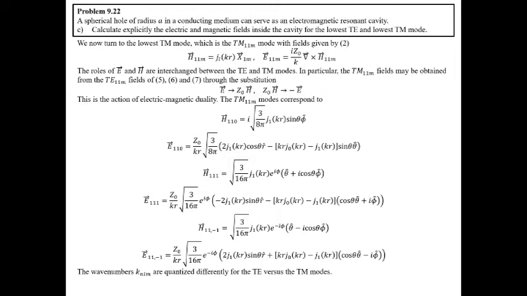In particular, the TM_11m fields may be obtained from the TE_11m fields of equations 5, 6, and 7 through the substitution E turns to Z0 times H, and Z0 times H turns to minus E. This is the action of electromagnetic duality.